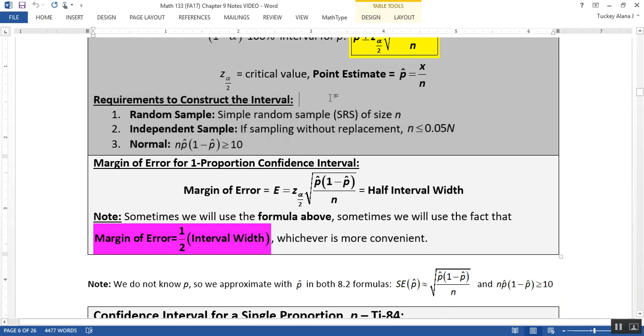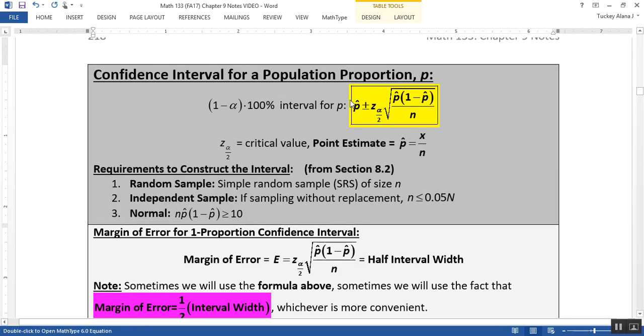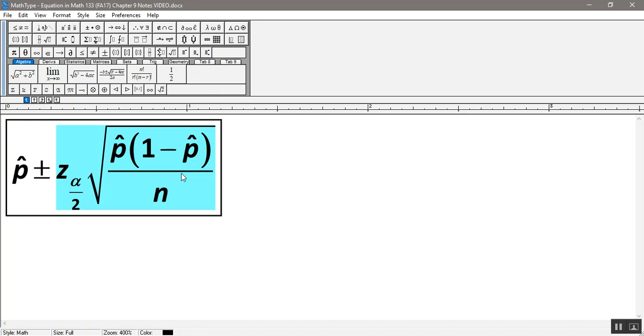And then we have the margin of error, which is the back end of that formula. Margin of error is the part that you add on or subtract away from your p hat in order to find how big your window is, because we're building essentially a window for where we think p is going to fall.